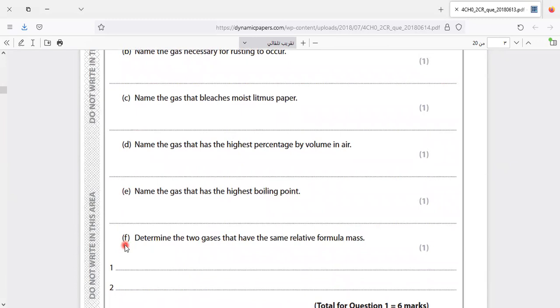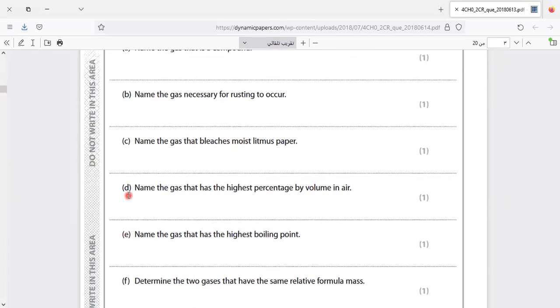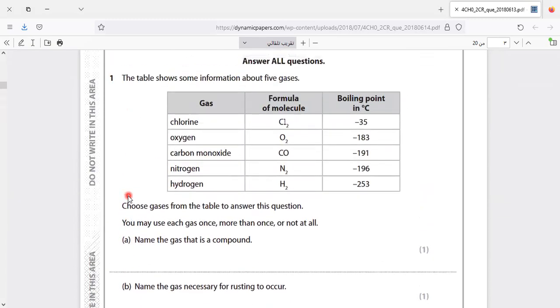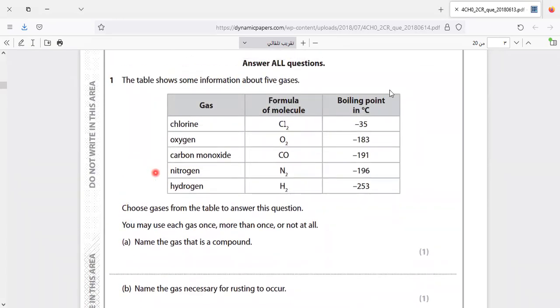Name the gas that has the highest boiling point. Check here. Chlorine.